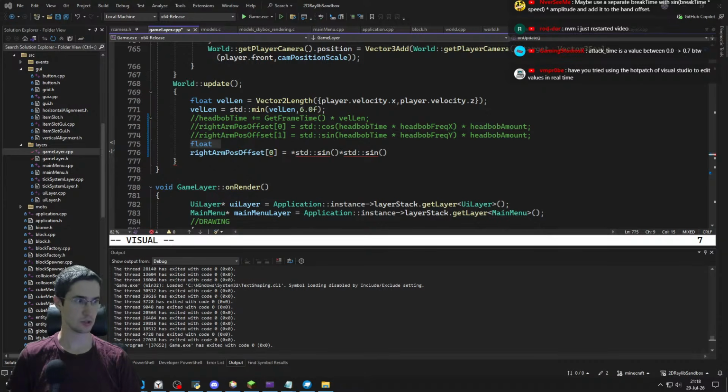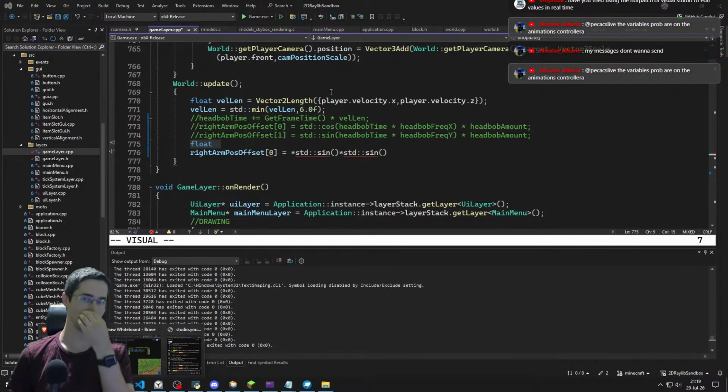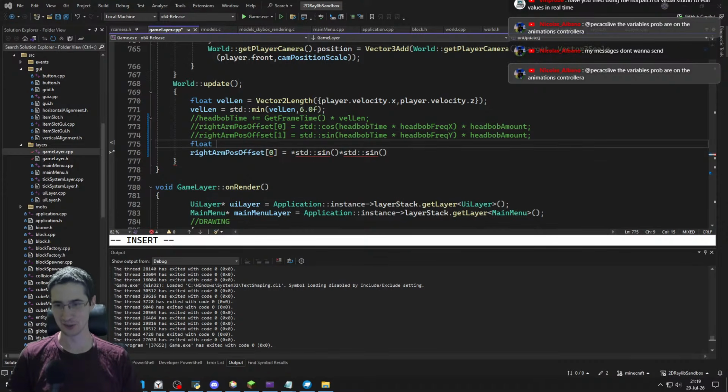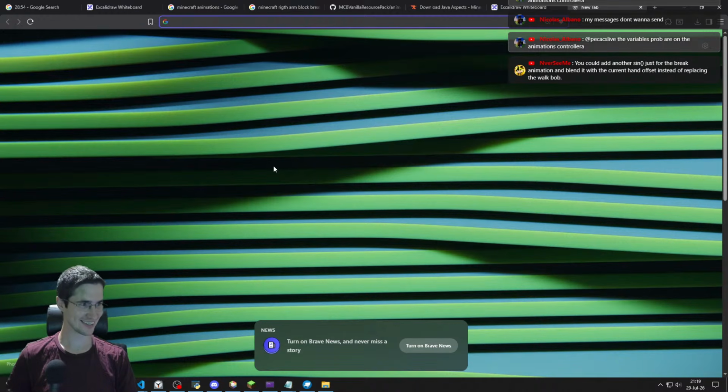We tried using hot patch of Visual Studio to edit values in real time. Yo, what's that? Hot patch. Don't tell me that in Visual Studio you can edit variables in real time.